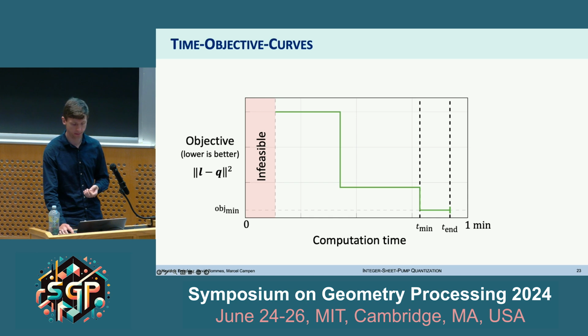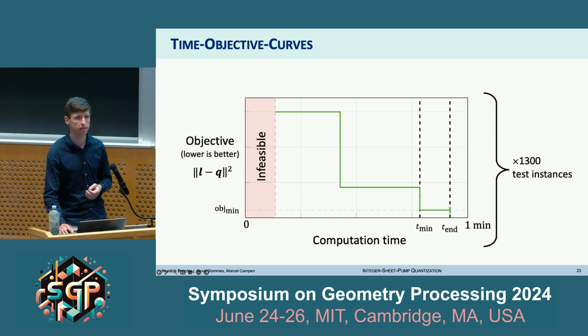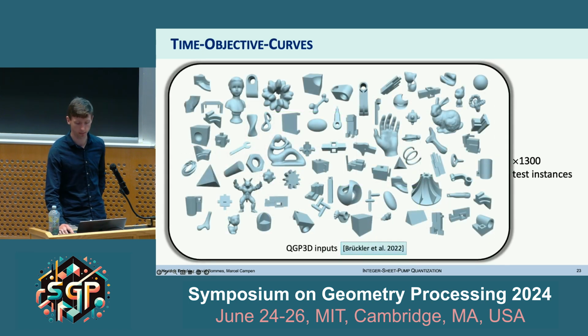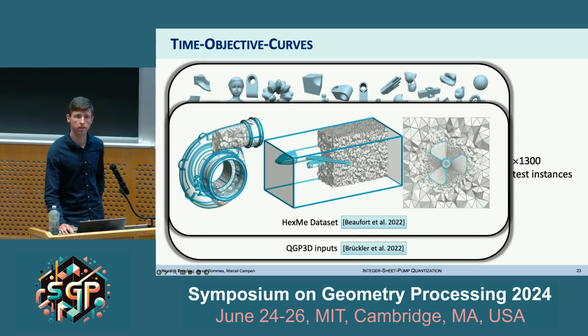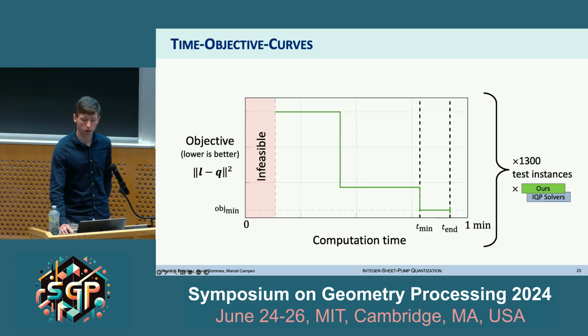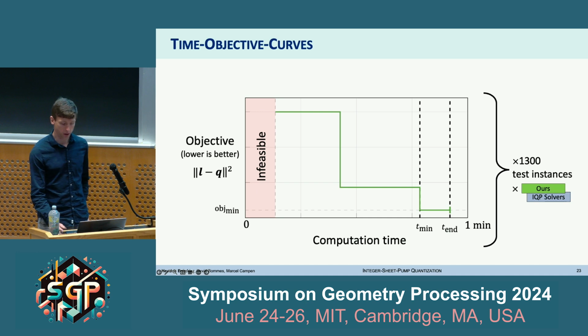We measured such plots for about 1,300 test instances from 2 data sets that were also used in previous quantization papers. And we processed these data sets with both our method and the previous method based on IQP solvers. For a first analysis, we want to average all these 1,300 plots for each method.